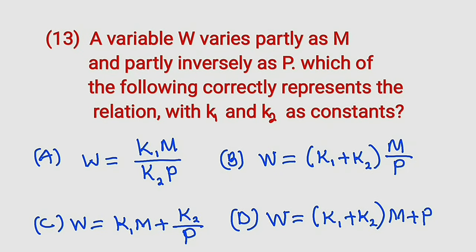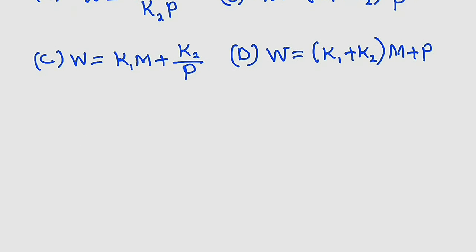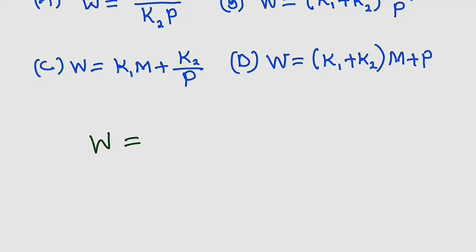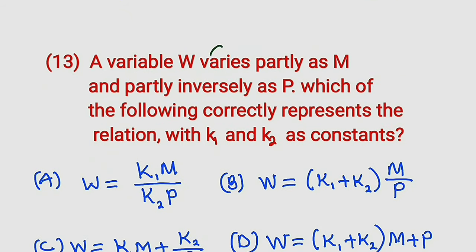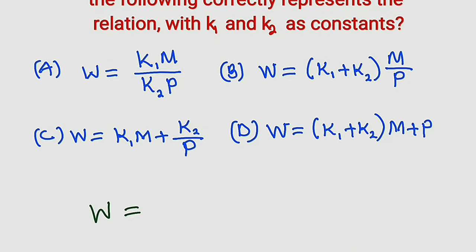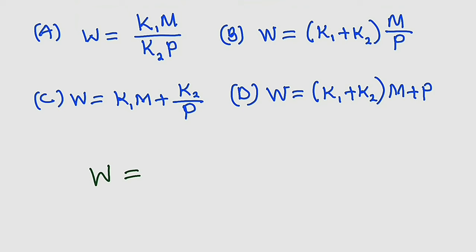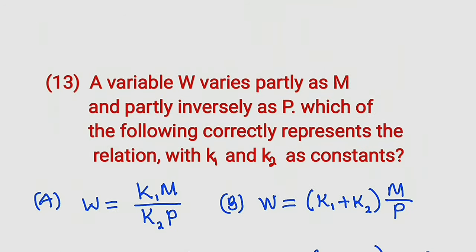W, which is given as the dependent variable, is equal to what? It varies partly as m. But remember, since we are talking about variation, you have to attach that constant of proportionality. So the first constant is k1, and it is directly proportional to m.